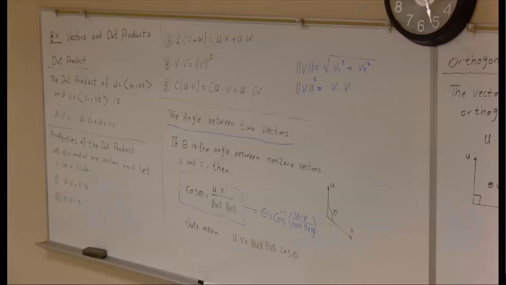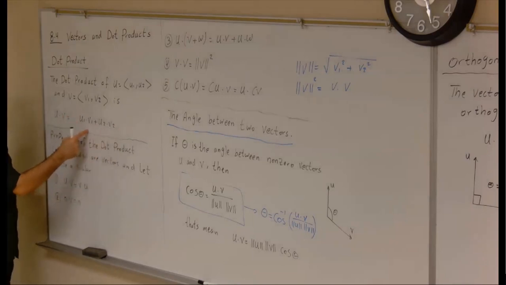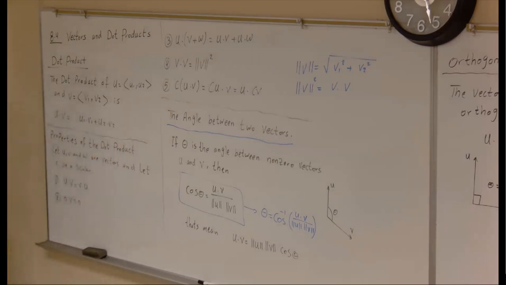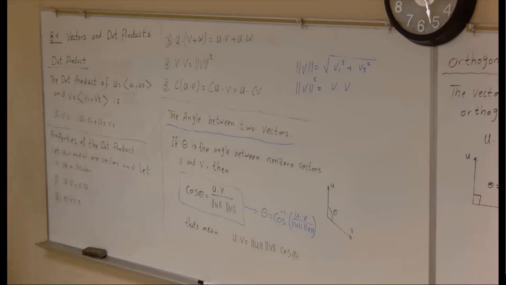Be careful here. When you do the dot product, there is no component form because the result is going to be a number, just one number, not a vector. So you say u1 times v1 plus u2 times v2. The result when you add is just a scalar, a number. So not a vector. Be careful with this one.